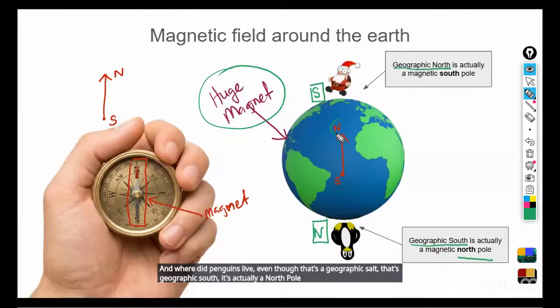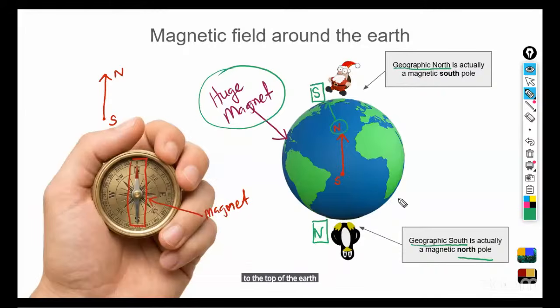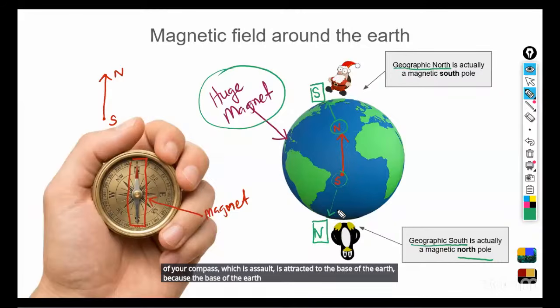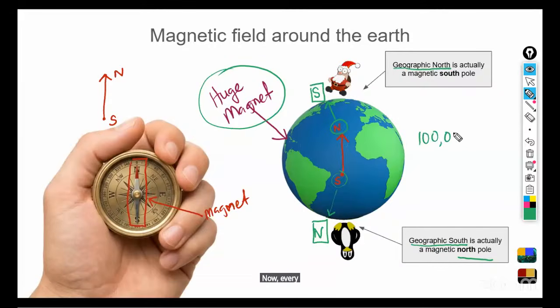So that is why your compass north is attracted to the top of the Earth, because the top of the Earth is a south magnetic field. And the underneath of your compass, which is a south, is attracted to the base of the Earth, because the base of the Earth is a magnetic North Pole. Now, roughly every 100,000 years, the magnetic fields switch.